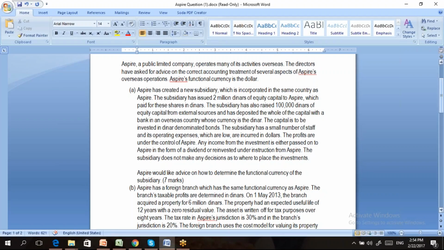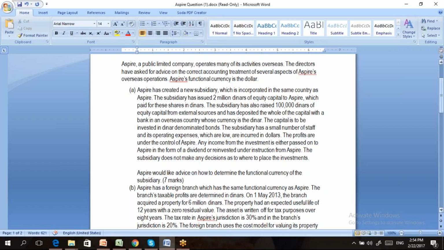Even though it is the same currency, we must mention it is a very small amount, to show that we are controlling the company. The income from investment is either remitted to Aspire or reinvested on the instructions from Aspire. That's a key point, because the retained profits are decided by the parent company. The subsidiary has a minimum number of staff and no independent management.